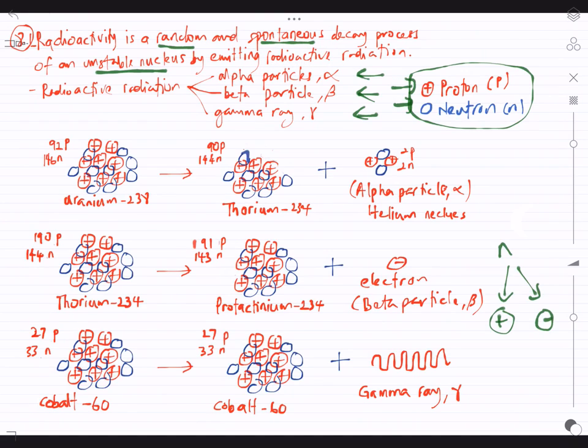Let us take one example here. We have one neutron here. The neutron will split into a proton and an electron.